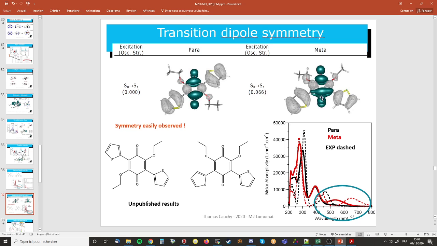So you have a dipolar moment in this direction. Here, since you have an inversion point, the center of mass of the hole and the center of mass of the excited electron are at the center of the quinone. That means that the electronic dipole transition of this transition is 0, and the probability is 0. So the black curve is 0 at low energy.